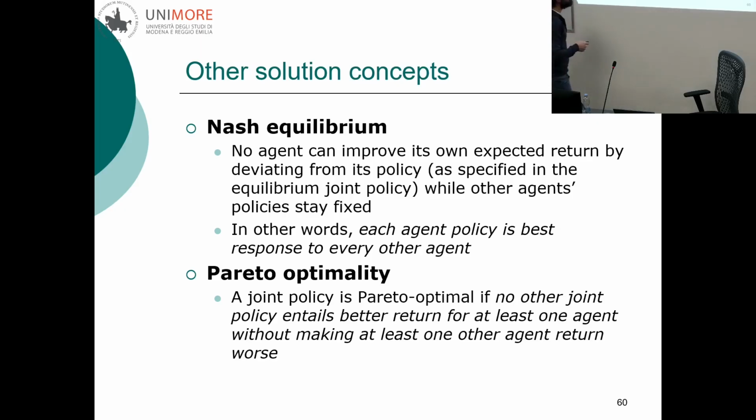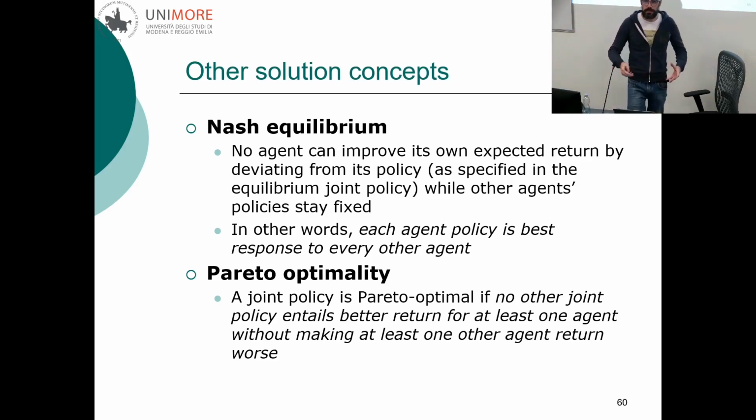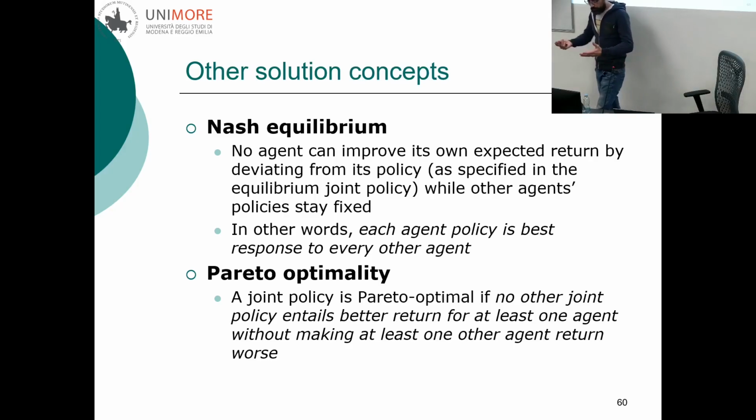Pareto optimality instead could be a property useful to have when I want to be sure, for instance, that all of my resources are used as best as I can. An example of Pareto optimality: let's assume you are a company and you have some money.